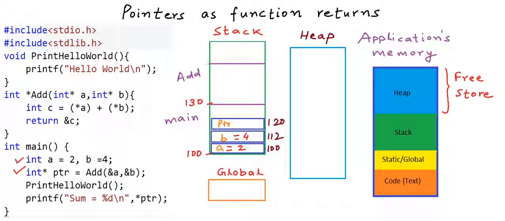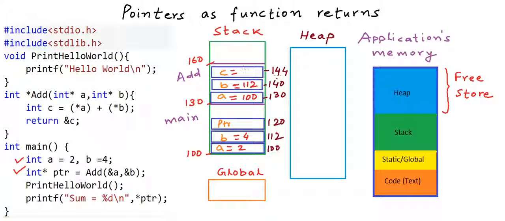Let's say add gets memory from 130 to 160, and add also has three local variables, a, b, and c. A and b are pointers to integers. The value of a will be 100 and the value of b will be 112. Let's say their addresses are 130, 140, and 144. Once again, these are just random assumptions.